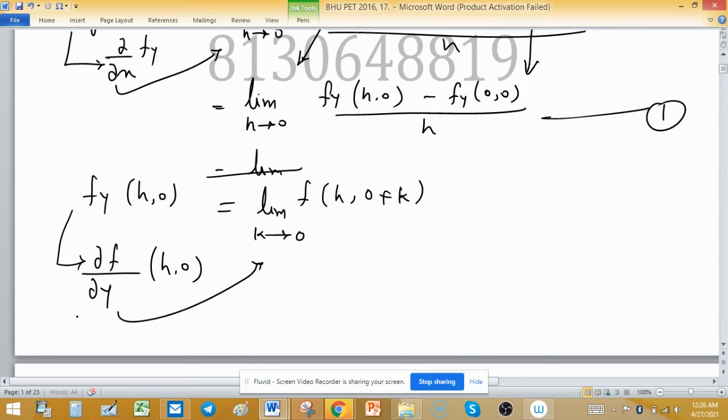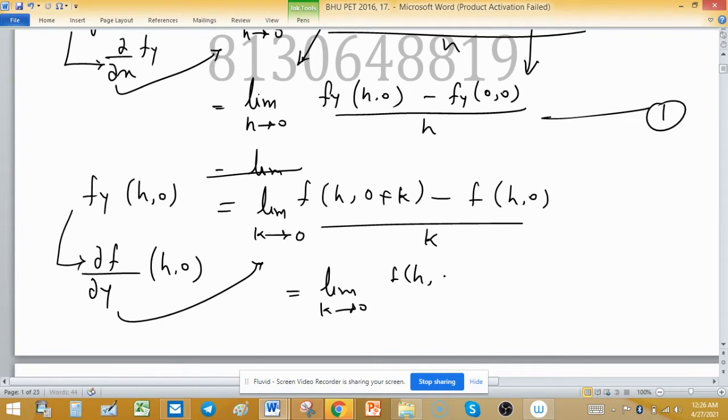So normally when we take partial derivative with respect to y, we take k, as many mathematicians use. And this is f of h comma 0, the value of the function at the point, divided by k. And this is nothing but limit k tends to 0 of f of h comma k minus f of h comma 0 divided by k, as h and k are tending to 0.